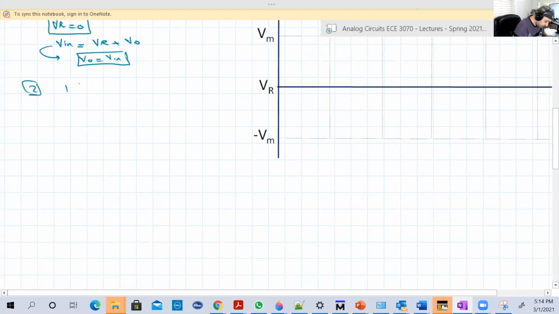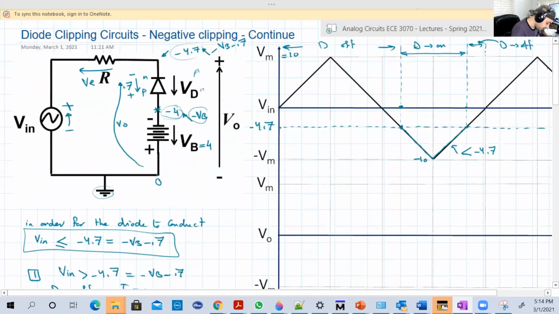When V input is less than or equal to minus 4.7, the diode will be on. So VD all the time will be 0.7. Now let's check VO. VO is in the same rotation as VB and VD.